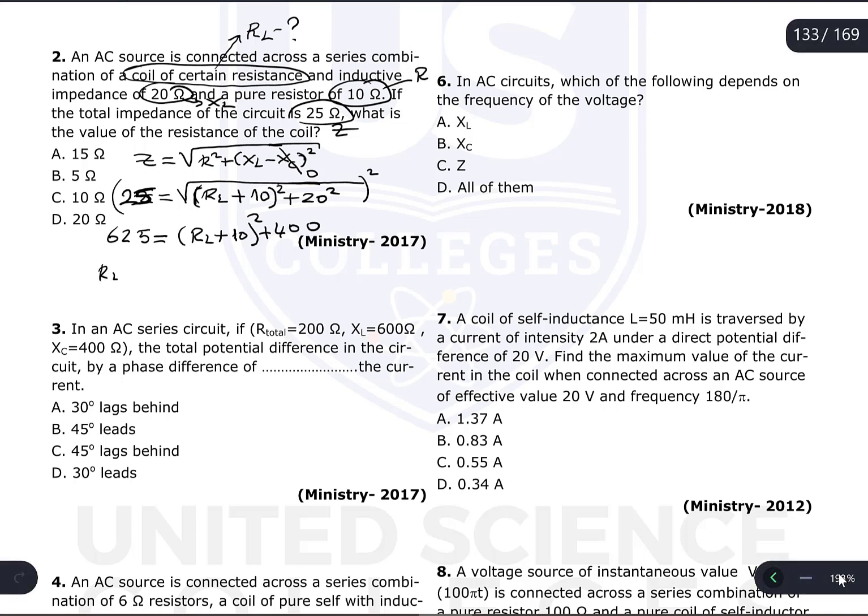So RL plus 10 squared is equal to 625 minus 400, which is going to be 225. Now let's get the square root of both sides. RL plus 10 is going to be 15. Then RL is going to be 15 minus 10, which is going to be 5 ohm. So answer is B.